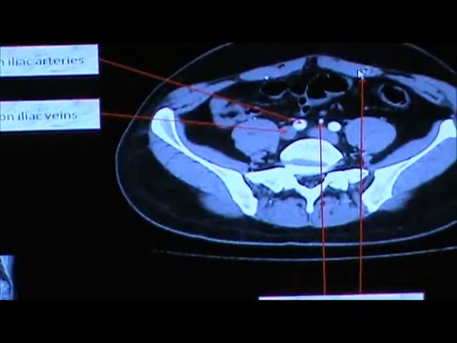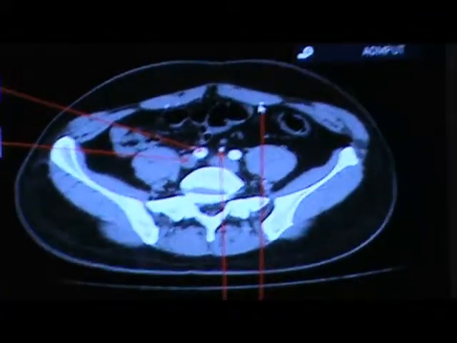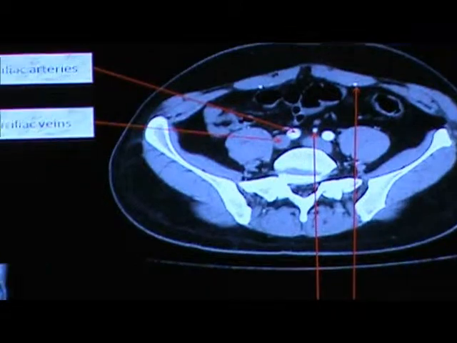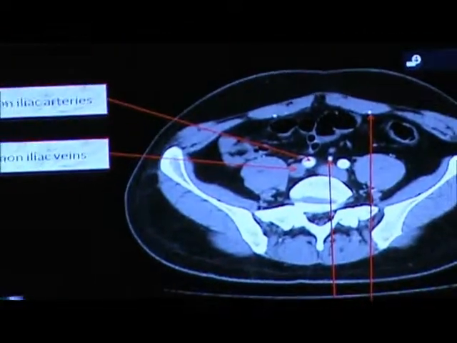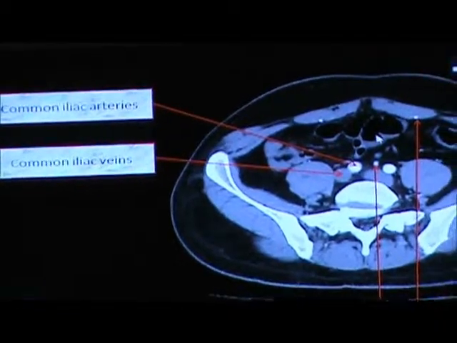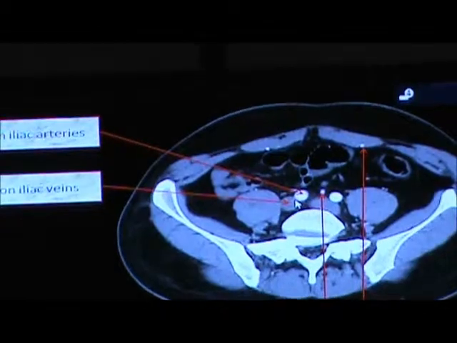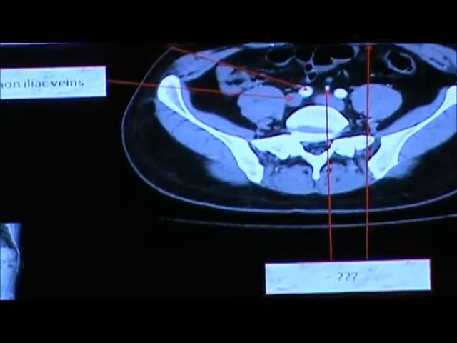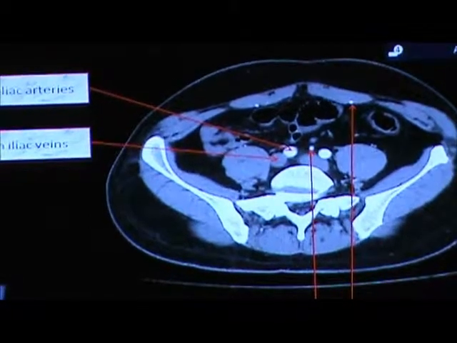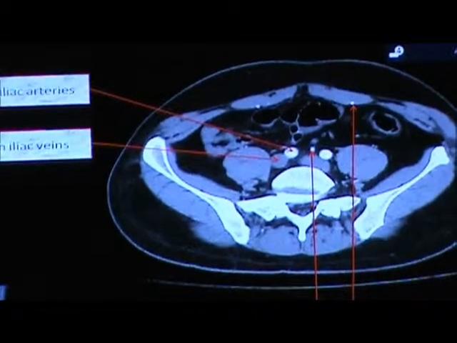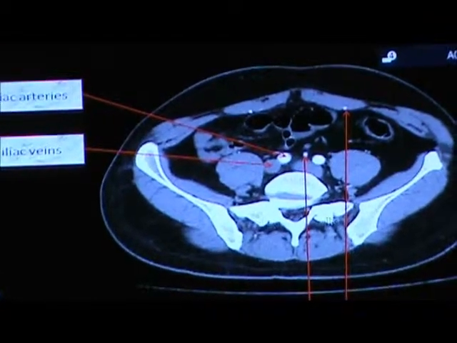First, maybe this one. So, we are at the level where the abdominal aorta branched into two common iliac arteries, yes? Because we can see those two here. We can also see two common iliac veins. So we are lower than the fifth lumbar vertebra, or at the level of the fifth lumbar vertebra. A little lower because we have a sacrum here.